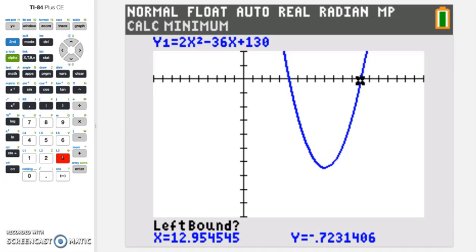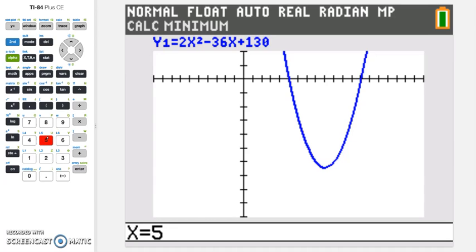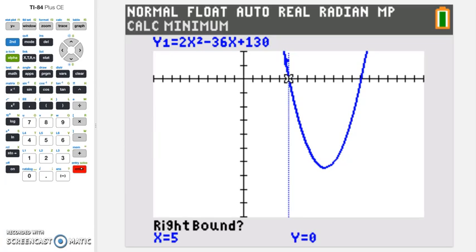Again, with this left bound and right bound, left bound means that I need to pick an x value to the left of my vertex. And I think the smartest thing to do is to pick your x-intercept that's on the left side. That is left of your vertex. So I'm going to type in 5. I know that that is to the left of my vertex and hit enter. And then I need to pick a point to the right of my vertex.